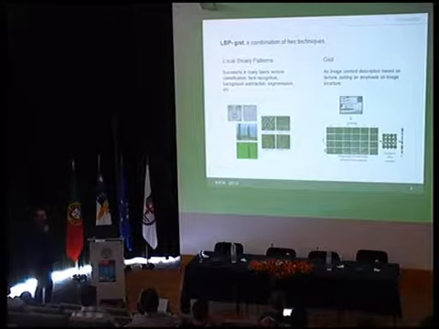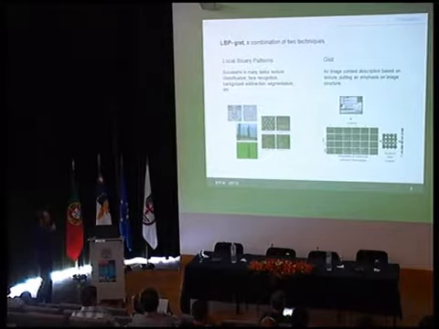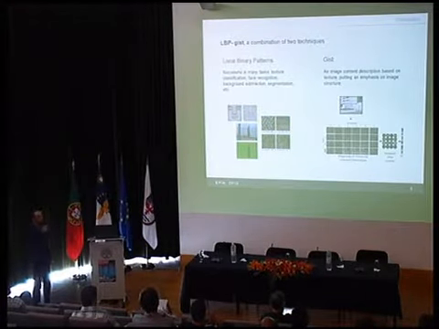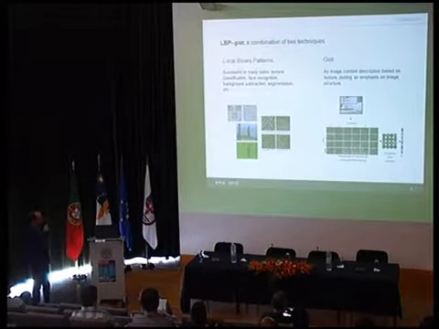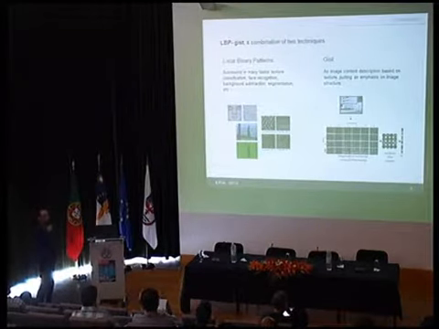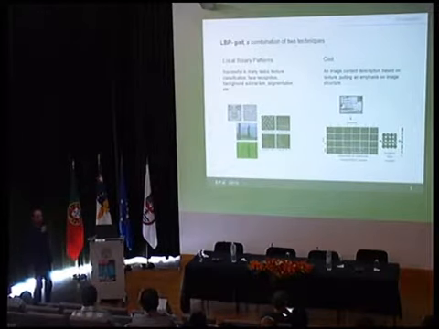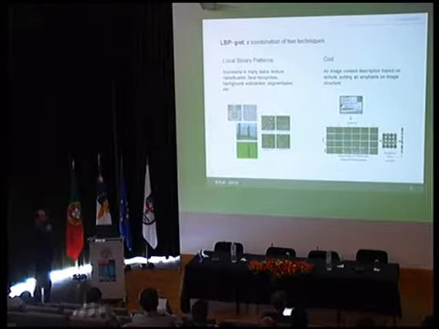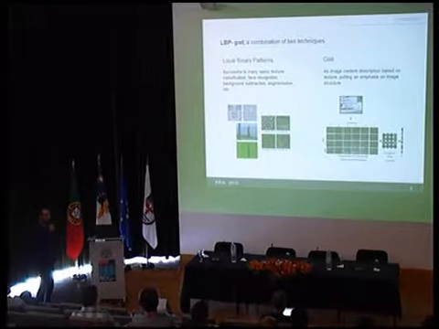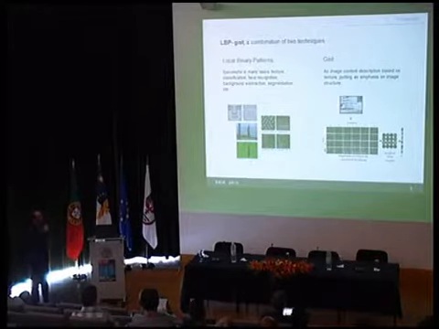One is local binary patterns, which is used to describe textures in an image, and has been successful in many different tasks, such as face recognition, background subtraction, texture classification. It is very attractive because it provides good descriptive power, in spite of being very fast to compute.